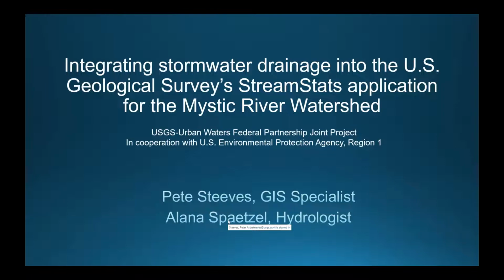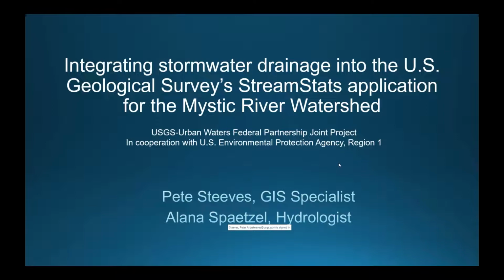So this project is one of those ecosystems of services that Pete mentioned. I think every one of these could have a full-length talk, the ones that Pete gave or just covered briefly. So I'll dip into it a little deeper with this one, which is integrating stormwater drainage into the U.S. Geological Survey StreamStats application.